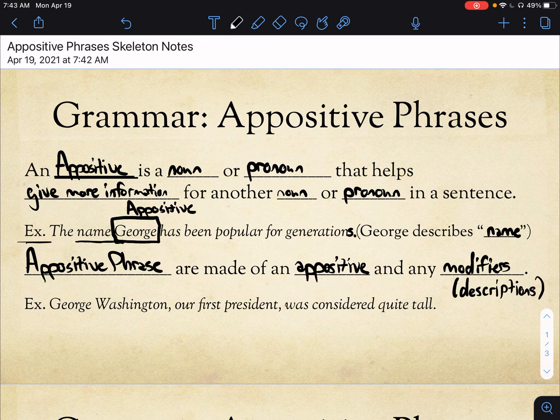So, for instance, here I've used George Washington as the main noun. And then here, our first president, that's our appositive phrase. You see that it's marked off by commas on either side? That's for a very specific reason that we'll talk about on the next slide.